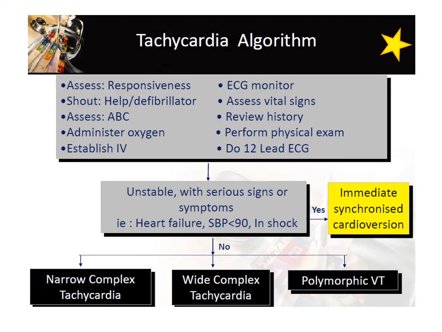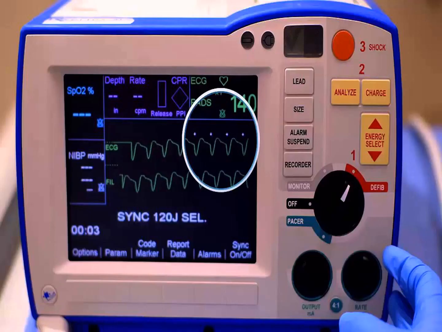In order to manage tachyarrhythmia, it goes with a similar algorithm, the basic life support. They initiate that. Then if there is any evidence of instability, we immediately do synchronized cardioversion, and if stable, we're going to manage with pharmacological treatment. Okay, this picture just shows you the difference between the shock and synchronized cardioversion.